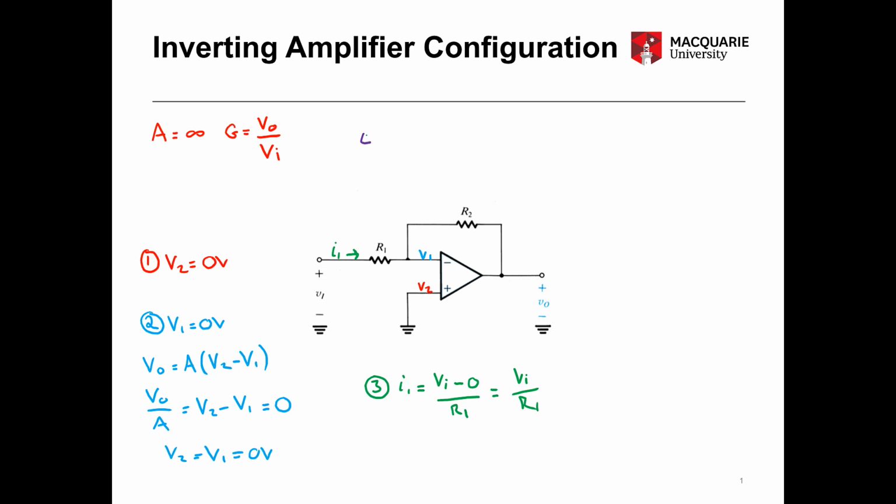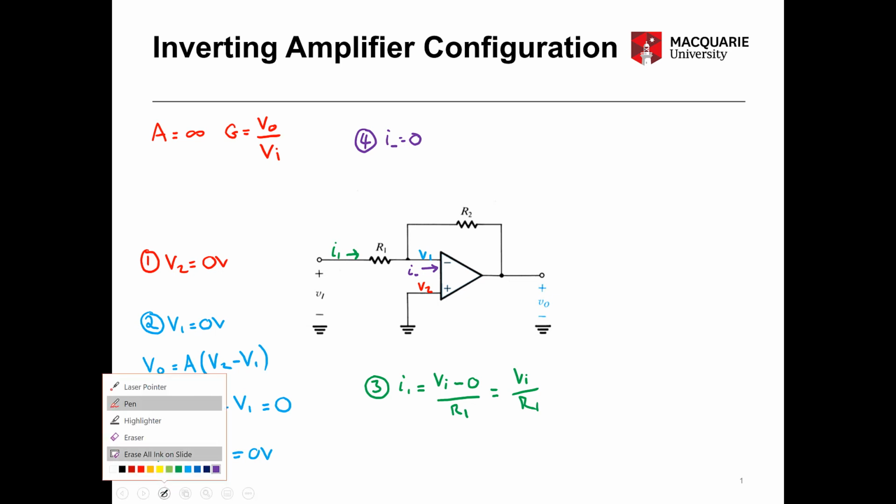Step 4, we simply recognize that as our ideal op-amp has infinite input impedance, there can be no current going into the input terminals. So this, let's call it I minus current, must equal 0. And that's due to the infinite input impedance characteristic of the ideal op-amp.